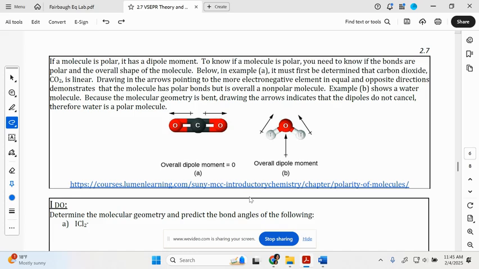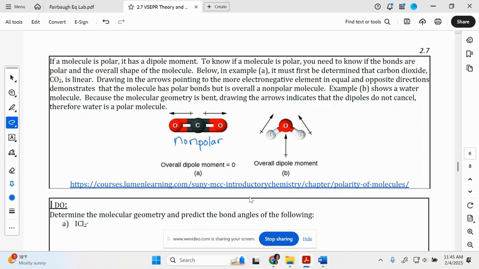And you can have molecules where you have polar bonds like this one. This is going to be polar bonds between the carbon and the oxygen. So you can have a polar bond, but because this thing is symmetrical, those polar bonds balance each other out, and the whole thing overall ends up being nonpolar.